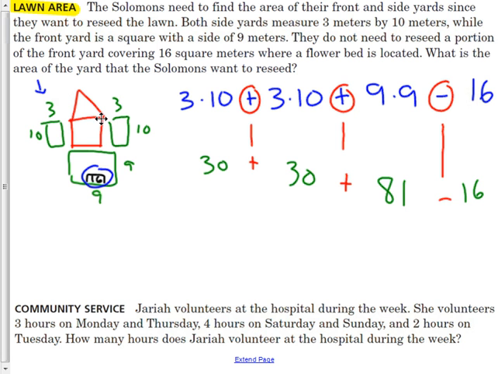Now I can piece all this together. I have 30 plus 30 is 60. And I'm going to add to that this 81. So 60 plus 81. And finally, minus 16. So I'll take my 141 and I'll subtract 16.